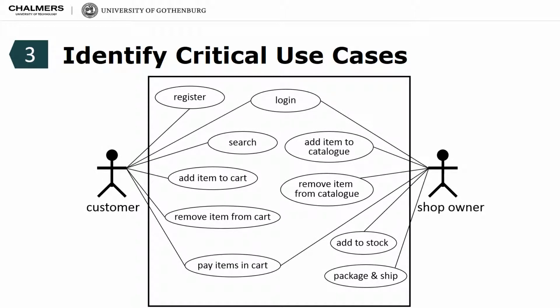In the third step of the performance engineering process, we try to identify critical use cases. The critical use cases are those that are important to the operation of the system or that are important to the responsiveness as seen by the user and other stakeholders. In the UML, use cases are represented by use case diagrams, which you can see on this slide.